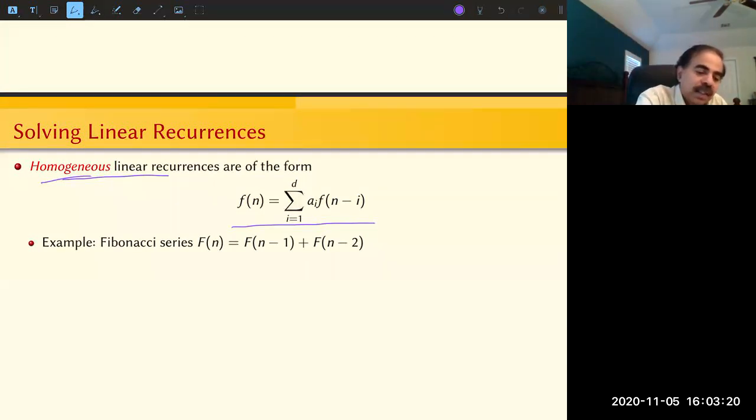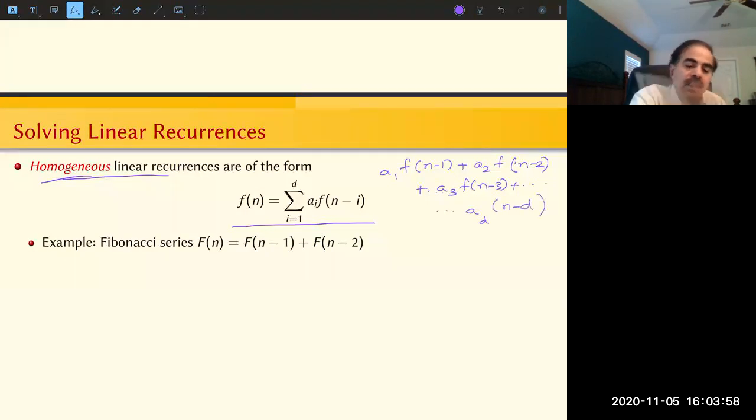So if we expand this out, this is a1 f of n minus 1 plus a2 f of n minus 2 plus a3 times f of n minus 3 plus dot dot dot plus a d times f of n minus d.